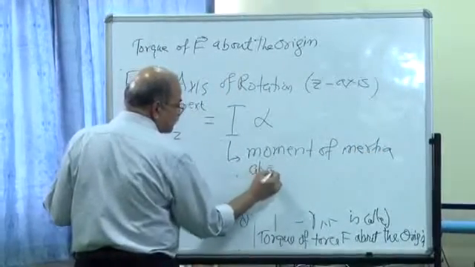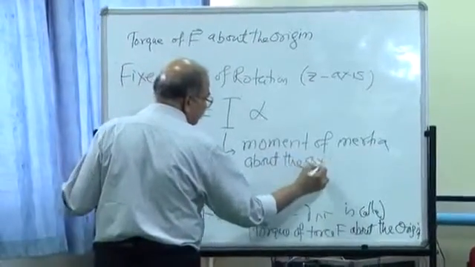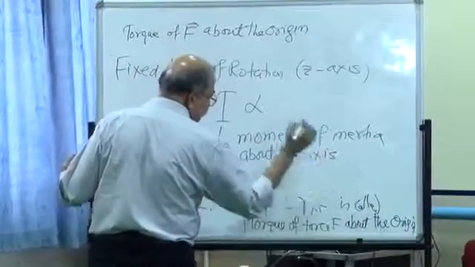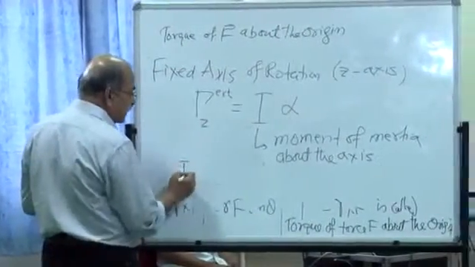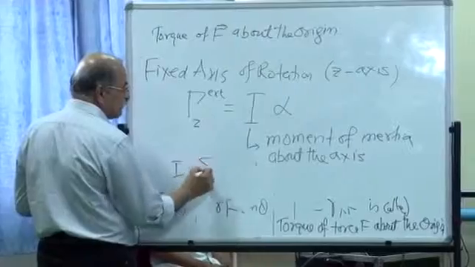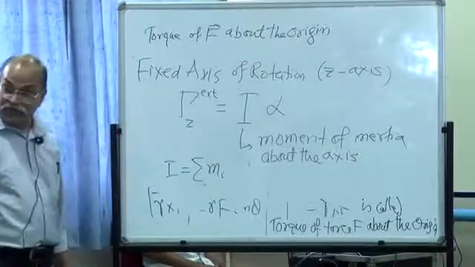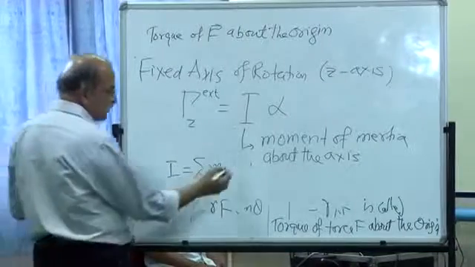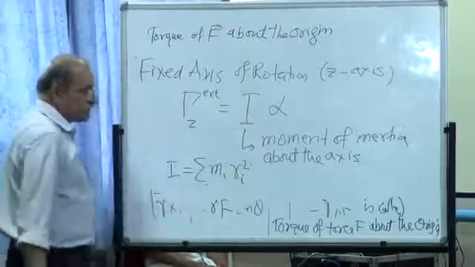About the axis, and how do I calculate it? It is for each particle of this rigid body. Now you see particle by particle. Each particle of the rigid body, what is the perpendicular distance from the axis?